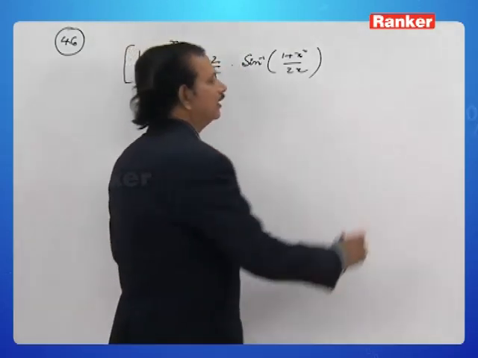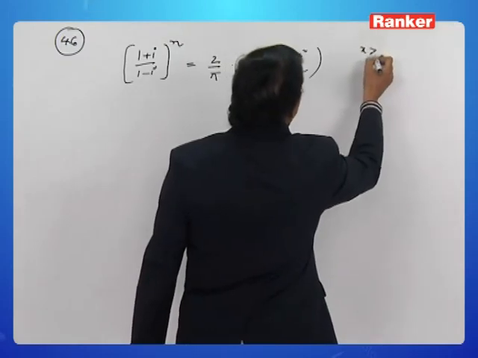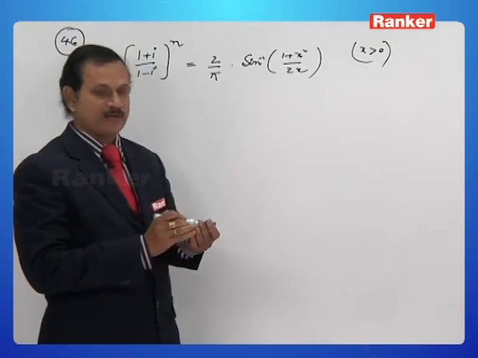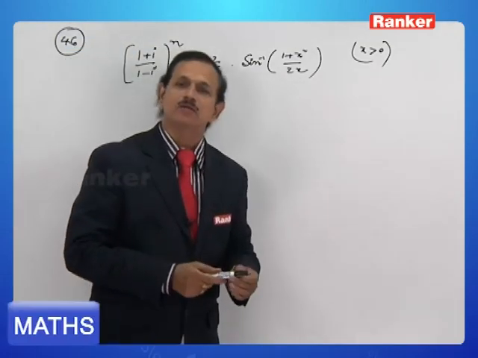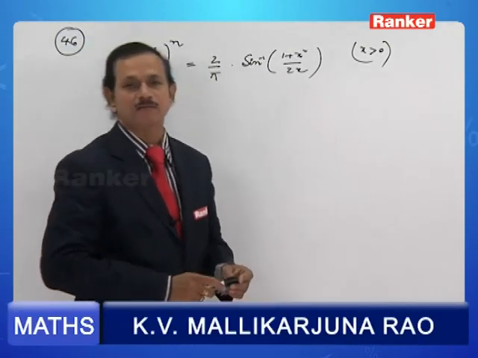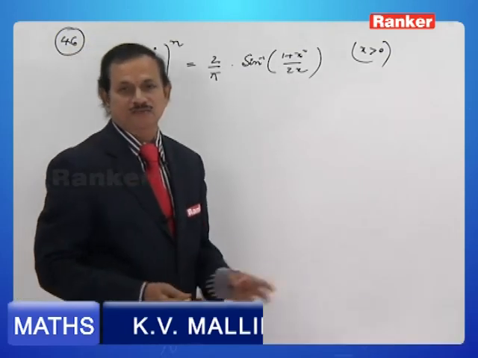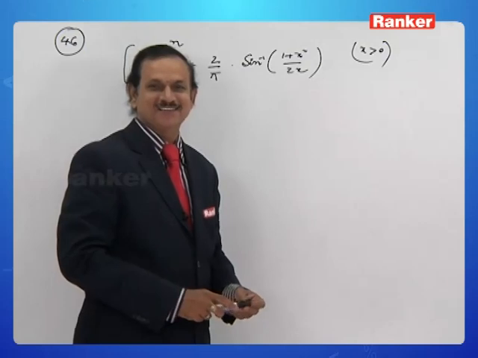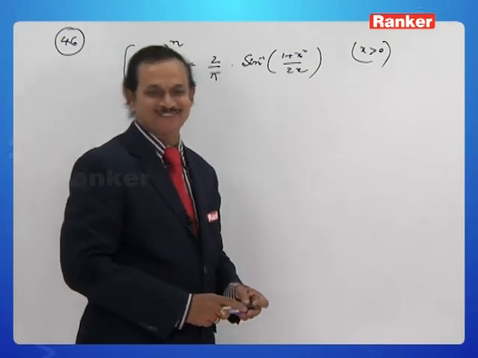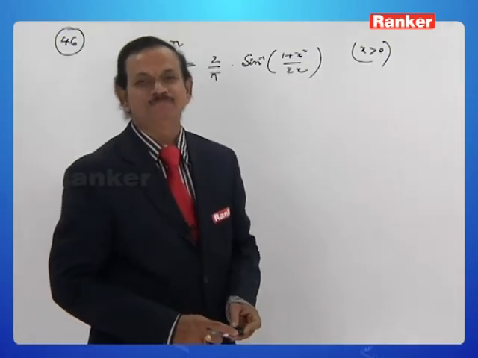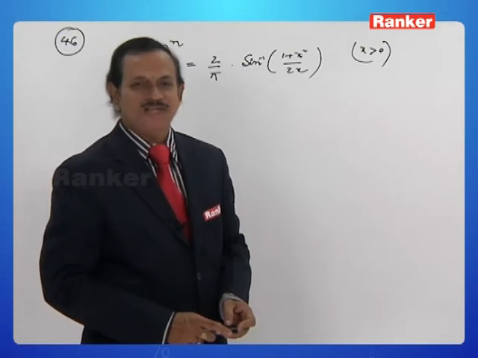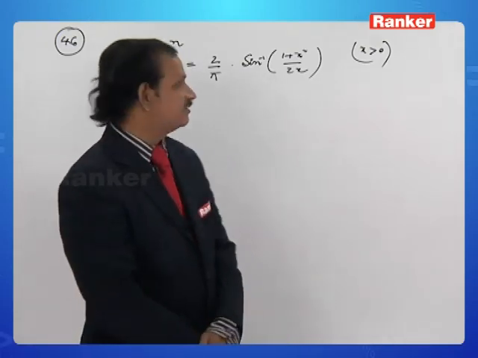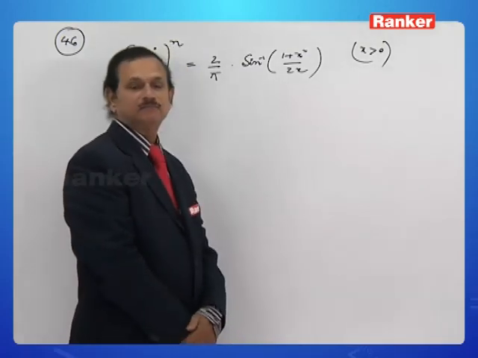Of course, he has given us x is positive and i is, of course, square root of minus 1, which everybody knows about. In the beginning of complex numbers itself, it is the brand ambassador of the set of complex numbers, that is i. Well, we are to decide the minimum possible value of n so that this equation might be satisfied.